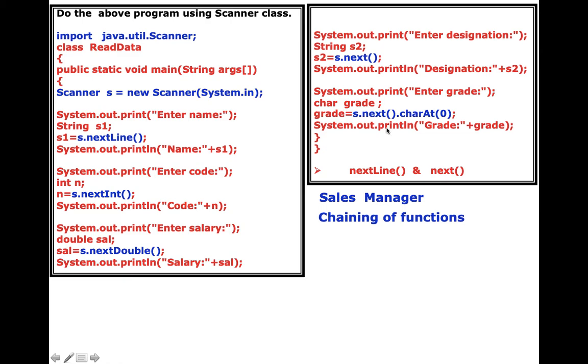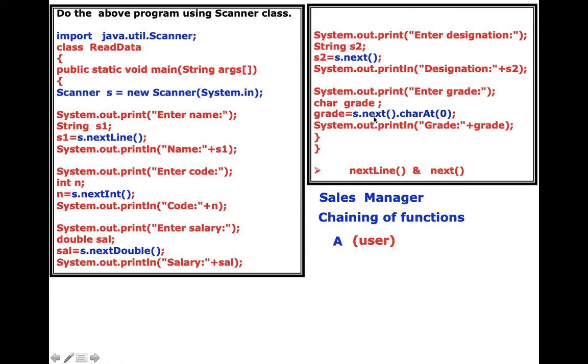So over here, I'm using two functions, two methods. The first one is method next and the second one is method charAt(0). First of all, the method next will do its work. Be attentive. You told the user to enter grade, so the innocent user will type character A. He is typing a character.